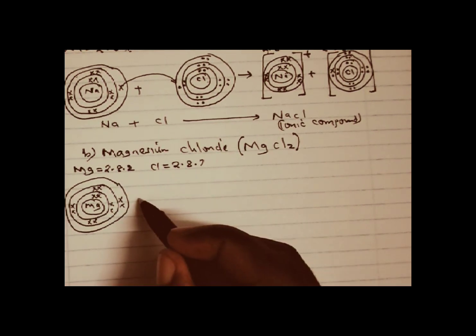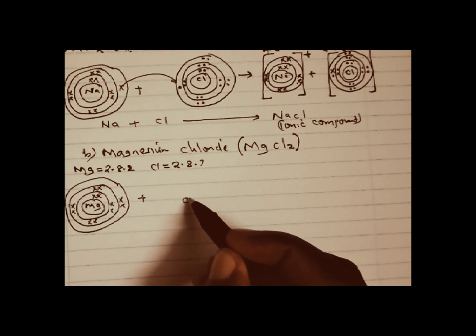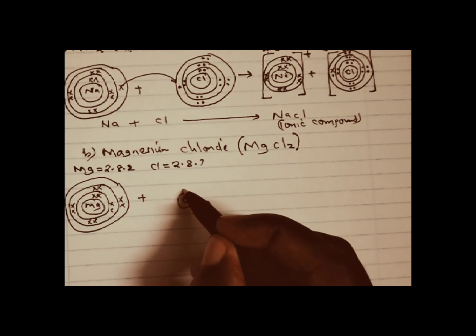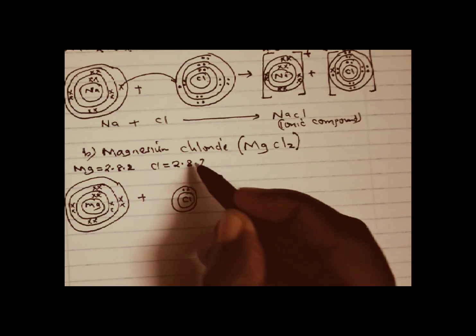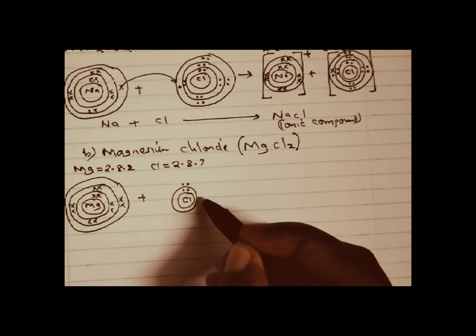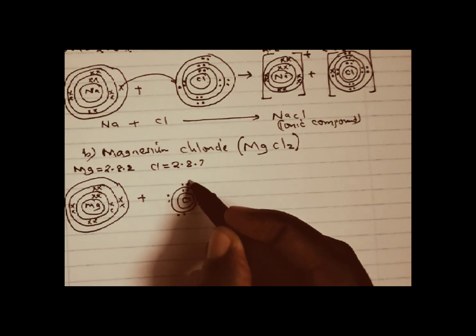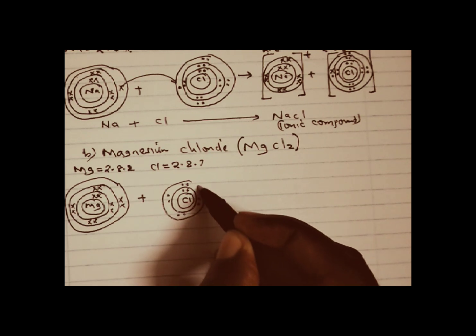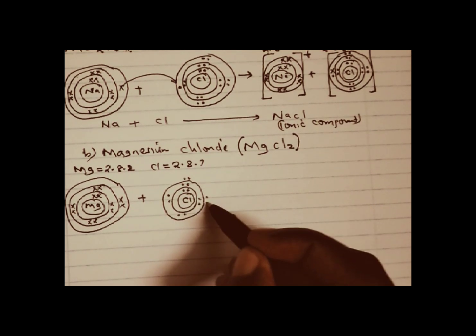We also have magnesium combining with chlorine. Chlorine has 2 electrons in the first energy level. Then we have 8 in the second energy level. Then we have 7 in the third energy level.